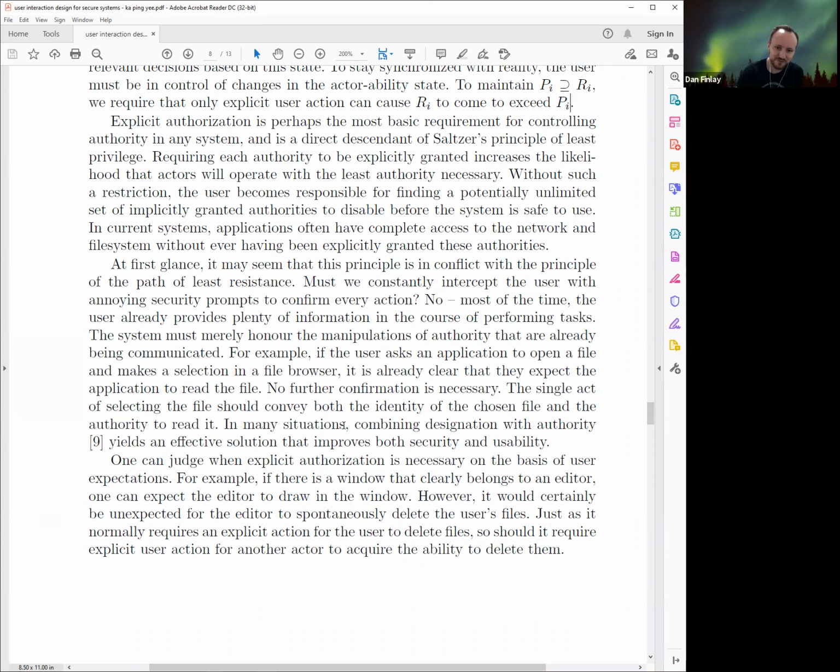And for those of you playing OCAP bingo, combining designation with authority is straight out of Object Capability Security 101. You know, in the programming language lexicon, the idea that you should be able to combine your syntax with a security policy is a programming language ideal that Copying is here taking to the user interface layer, saying, can't we unify the usability and the security policy into one thing?